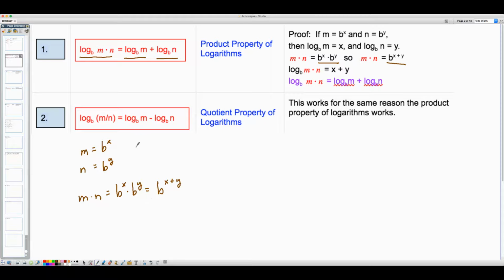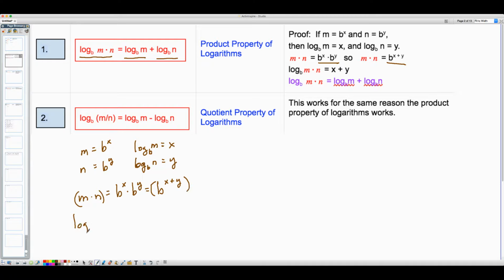I'm going to rewrite this as a logarithm. The log in base b of the number m is equal to x, and the log in base b of the number n is equal to y. And now I'm going to take this and do the log of base b of this here and of this here.